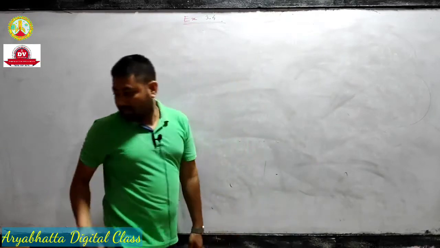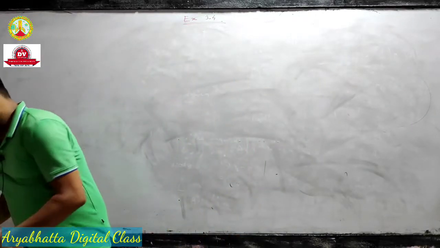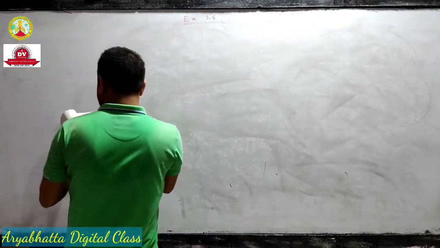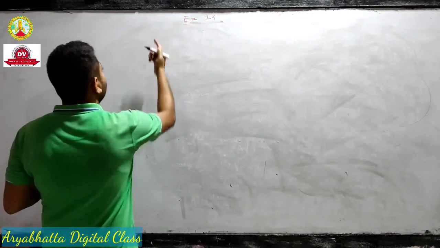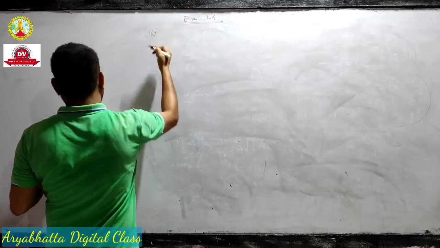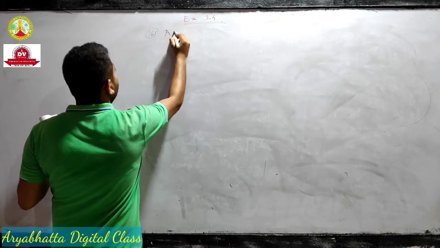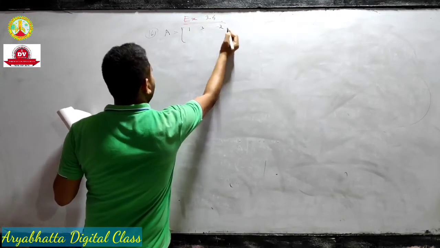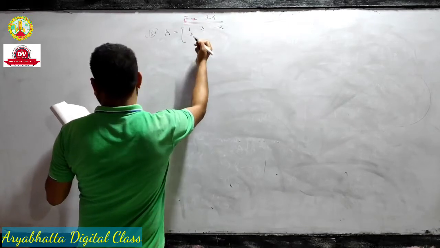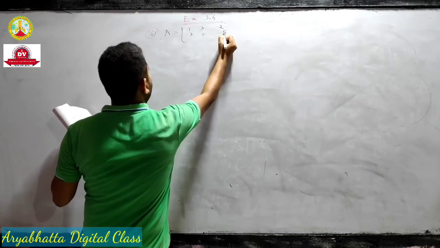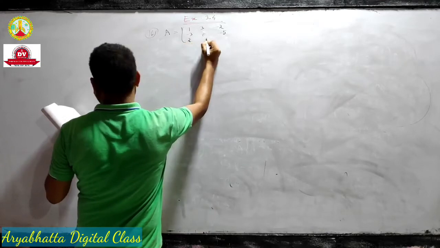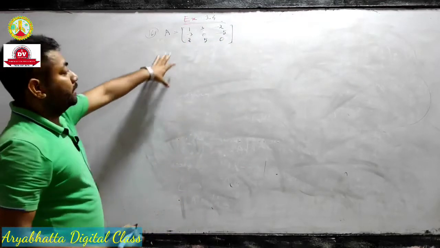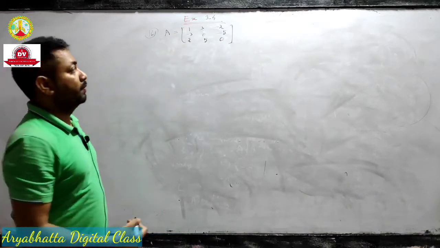Next, we'll solve a 3 by 3 matrix. Question number 16. A equal to 1, 3, minus 2, minus 3, 0, minus 5, and 2, 5, 0. Find the inverse of this matrix by using row transformation.